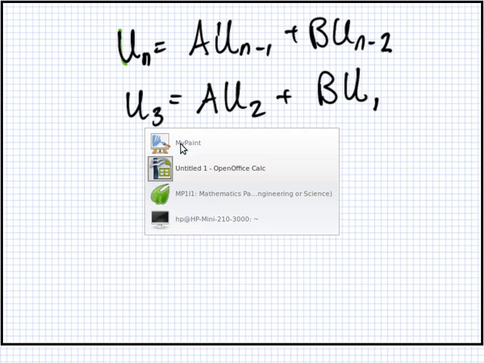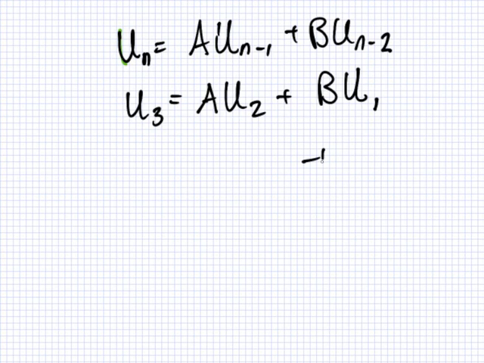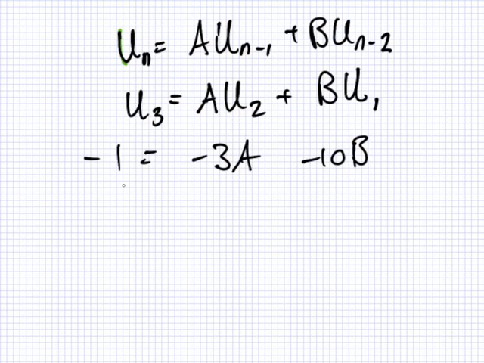Now if I look at my table, the first, second and third are minus 10, minus 3, minus 1. So I can say minus 10b minus 3a should equal minus 1. Or in other words, 3a plus 10b should equal 1.